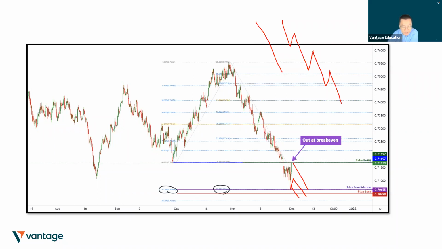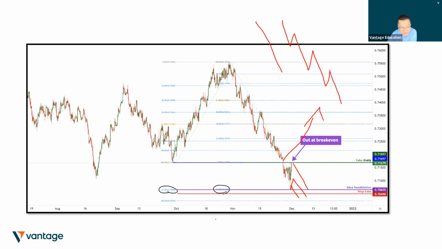So it's worth a chance, but it shouldn't be something that you hope for, right? Obviously, we would rather enter a trade and see it move up as we expected, and then also have an idea invalidation level just before the stop loss.